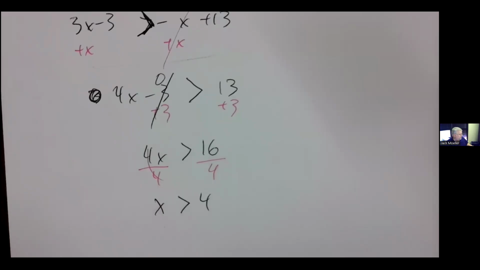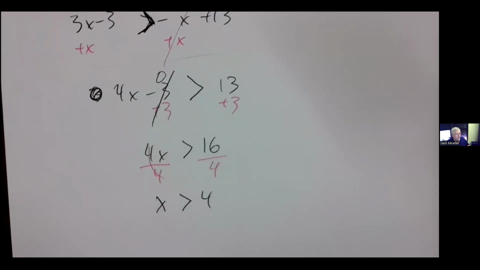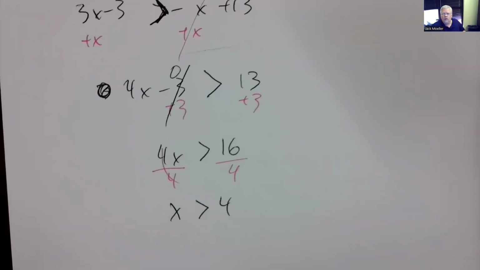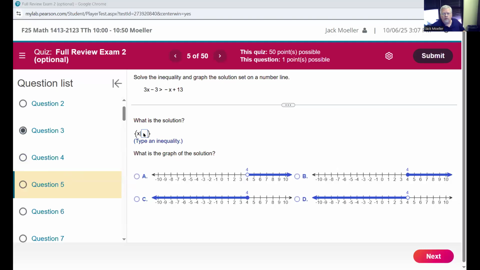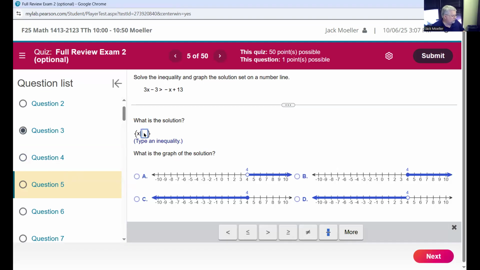Okay, and so when you are, go back to MATLAB. Right. So notice when you're typing in the answer, it says type in an inequality. Now, if it was an equation, we wouldn't need like the x equals 4, but because of the inequality, we do have to put the whole thing.